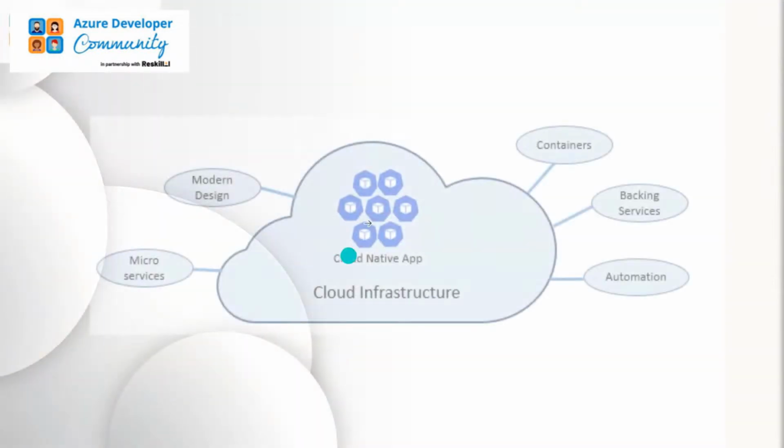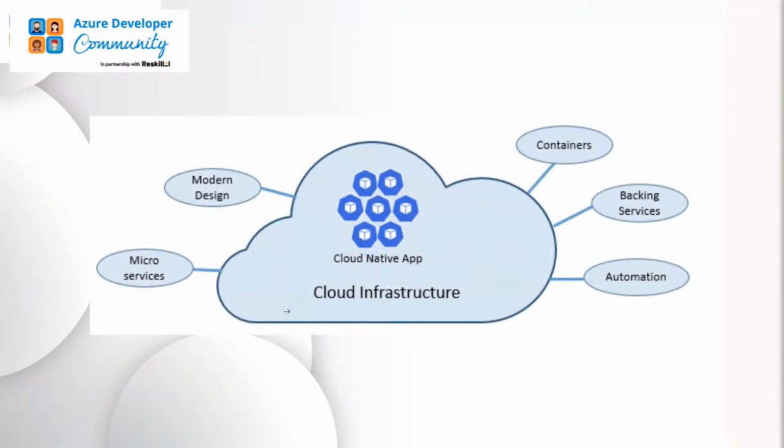In cloud native infrastructure there will be automation, backing services, containers, modern design, and microservices. This will all be covered in a few minutes. Okay, done?